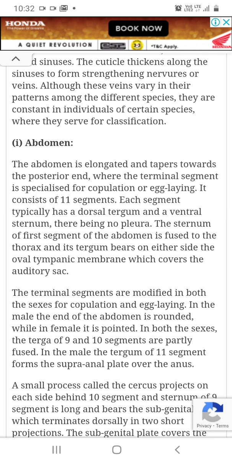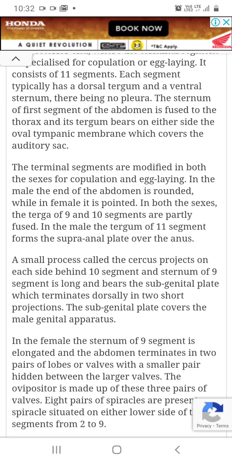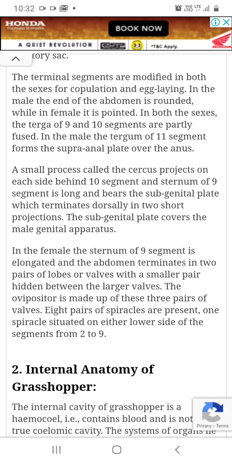The terminal segments are modified in both the sexes for copulation and egg laying. In the male, the end of the abdomen is rounded, while in female, it is pointed.